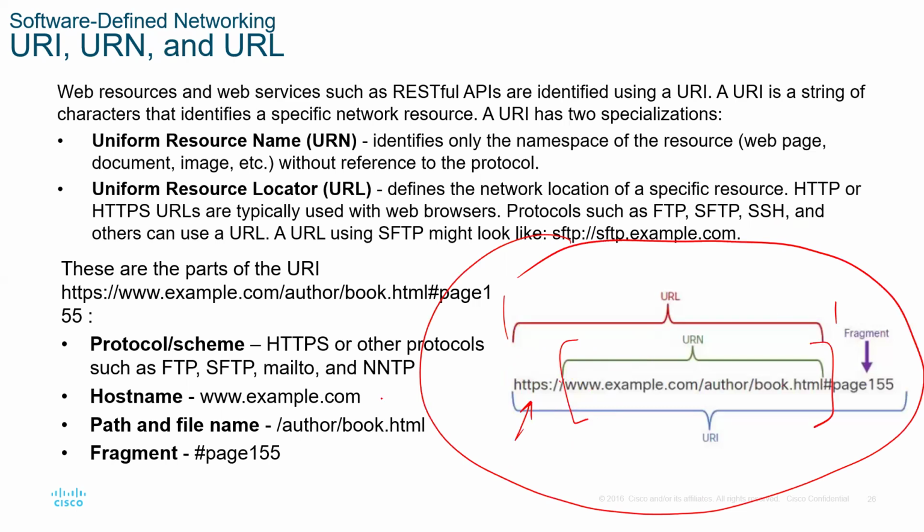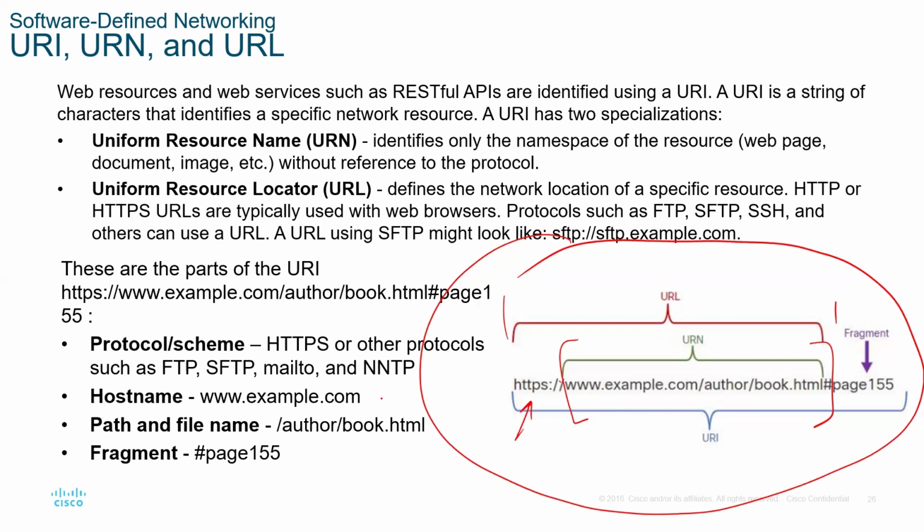The URI identifies a network resource. So if you want to look for a specific location on Google Maps, you use a URI to find that specific location. Within that URI, meaning URL and URN, the name and the locator, the location.